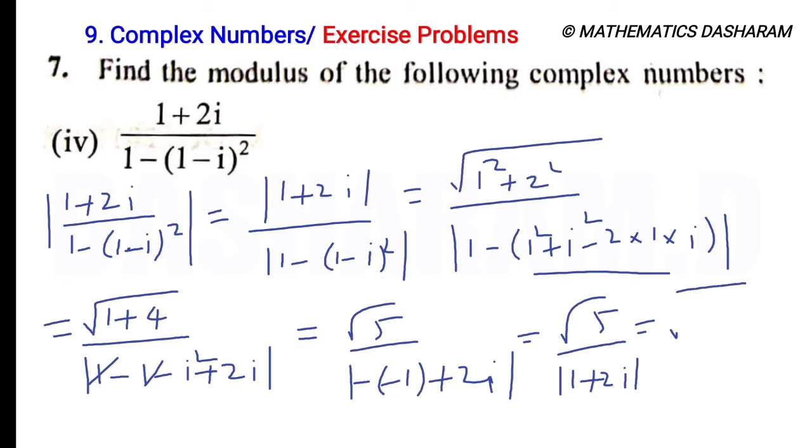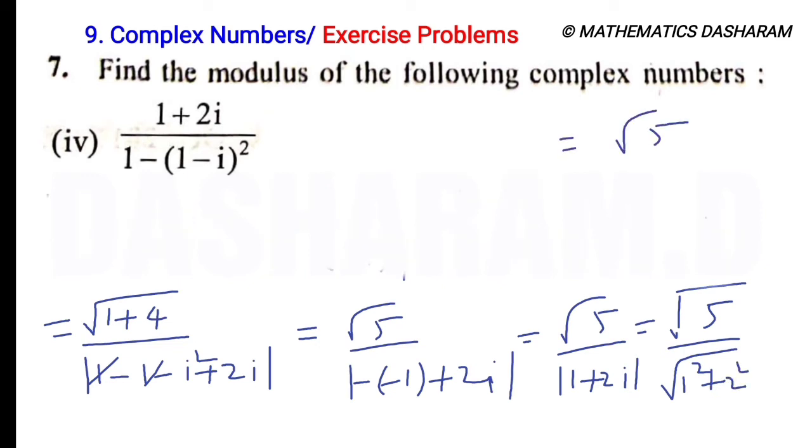Now we can apply the x square plus y square formula, 1 square plus 2 square. So it equals root 5 divided by root of 1 square plus 2 square, also root 5. So both are cancelled, 1 is the answer.